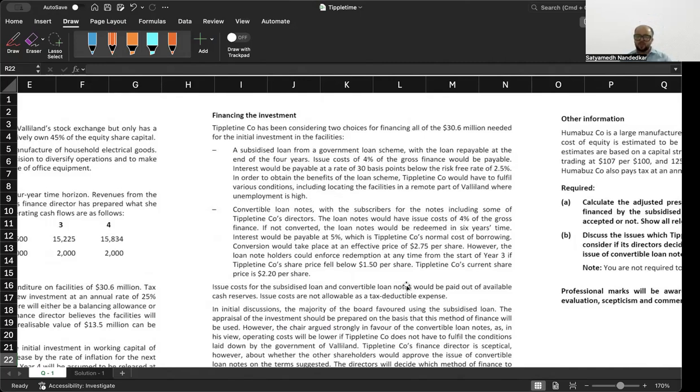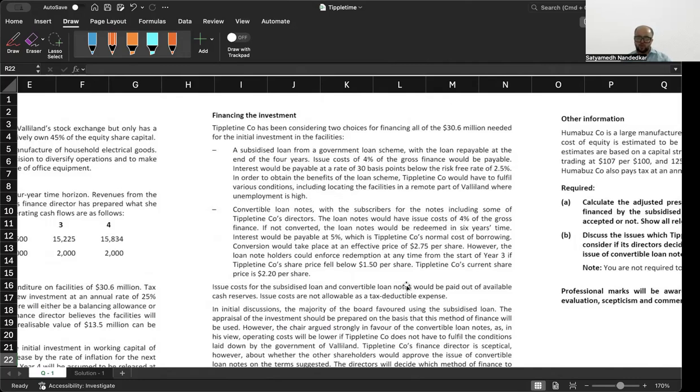Okay. Now, convertible loan notes with the subscribers for the notes, including some of Tippletine Company's directors. The loan notes would have issue cost of 4% of gross finance. If not converted, the loan notes would be redeemed in 6 years' time. Interest would be payable at 5%, which is Tippletine Company's normal cost of borrowing. Conversions would take place at an effective rate of 2.75 per share.